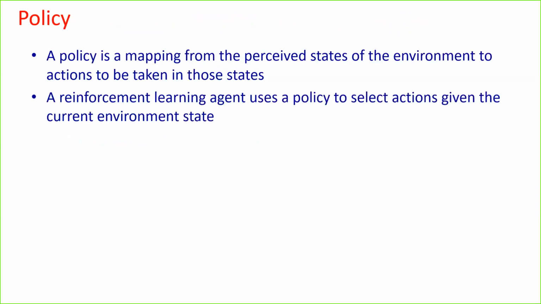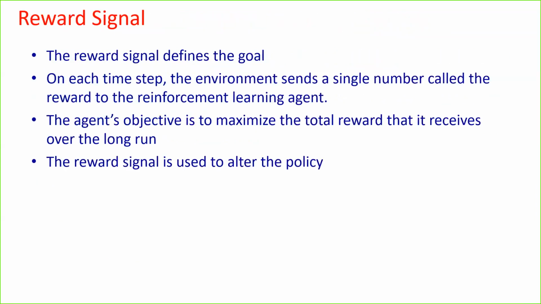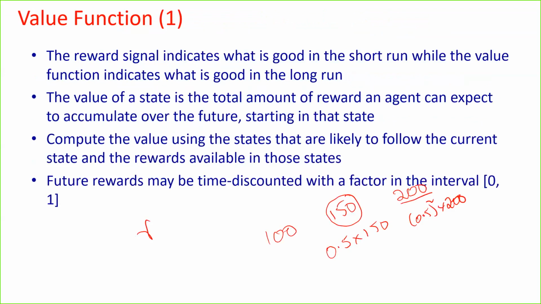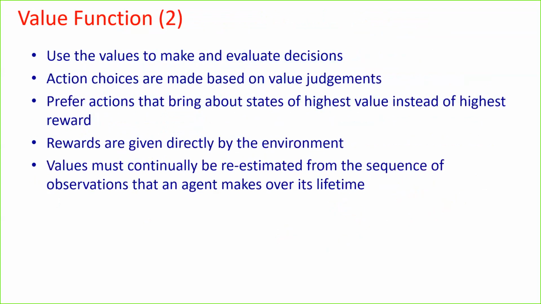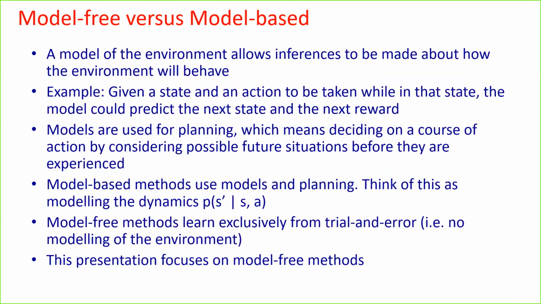Can we estimate or predict the next state that is likely to follow, based on the probability distribution given to us about the environment, or do we not have any idea about what the next state will be if I take a certain action? That is decided based on whether it is a model-free approach or a model-based approach.